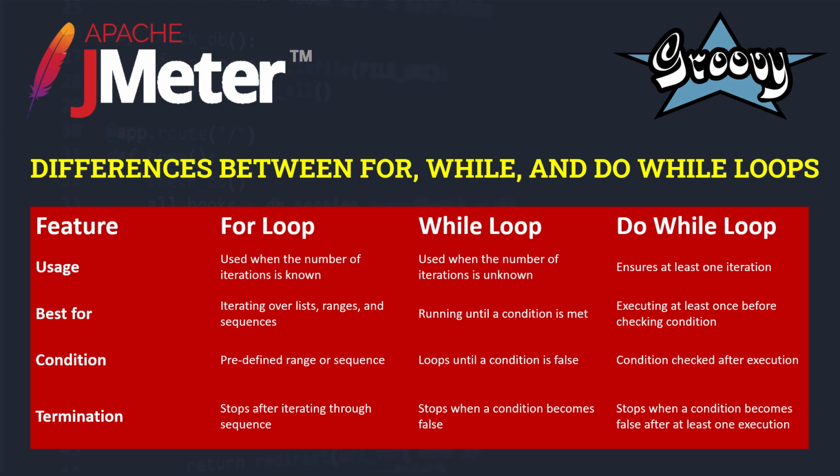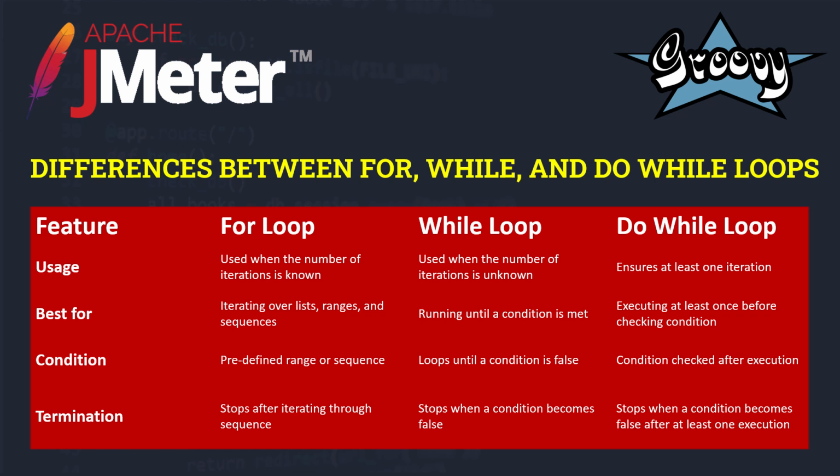And when we talk about the conditions themselves, it is a predefined range or sequence in the case of the for loop, and in the case of while loops, it runs until a condition is false. In the case of do while, the condition is checked after execution. And when will these loops terminate? The for loop stops after iterating through the sequence, whereas while stops when the condition becomes false.